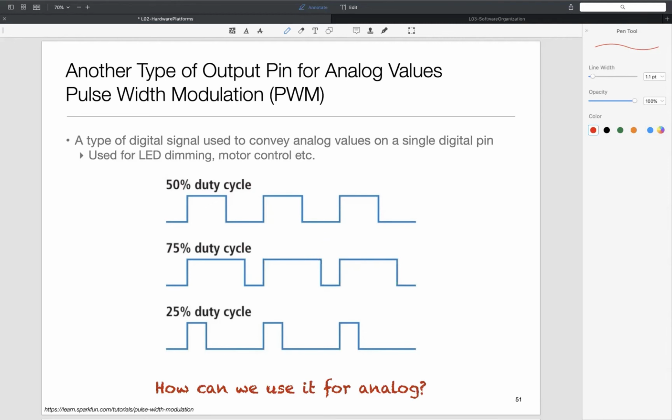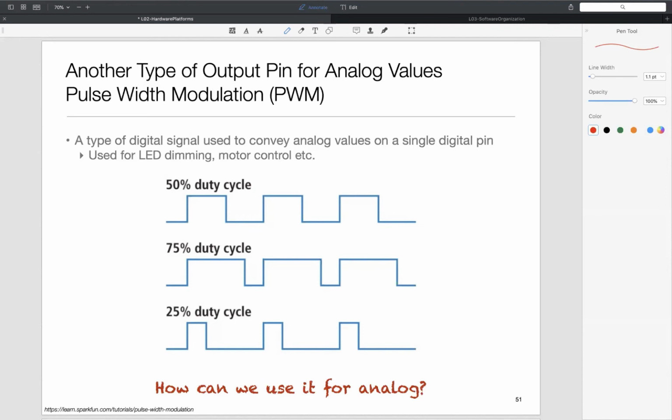You would find this very commonly in control of things like motors on a drone, for example, or a race vehicle, where you are trying to send an analog value to the rotor or to a wheel, telling it what speed to run at or what position to go to.